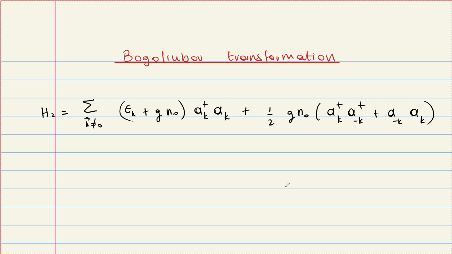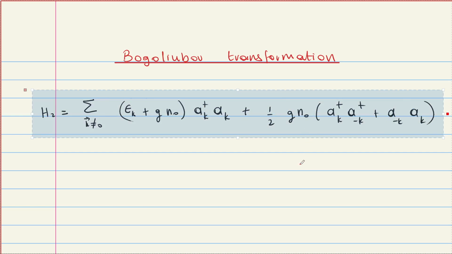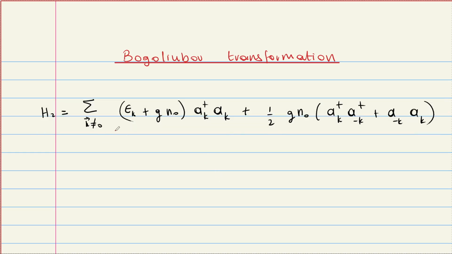Okay, if you were not here, what we did last time was we started with the second quantized Hamiltonian, and we wrote it in terms of A's and A daggers. We had some single particle term, and we had an A dagger A kind of term, and we decomposed it.